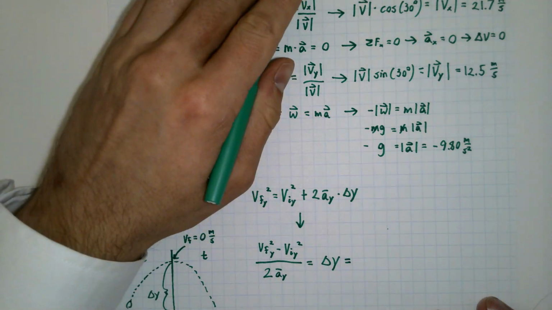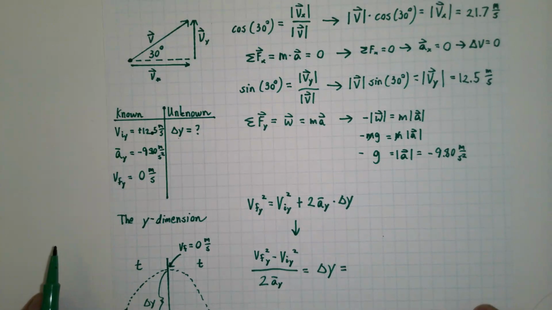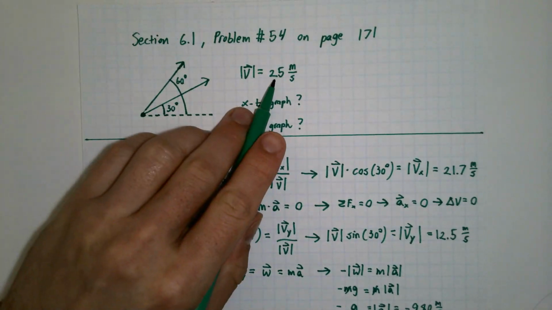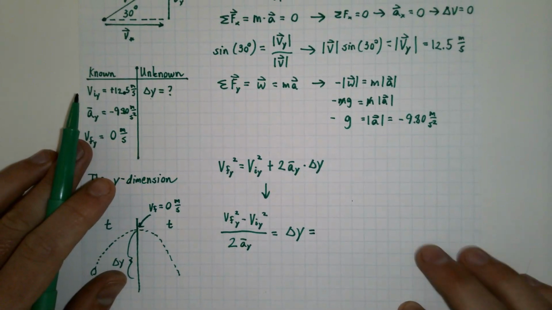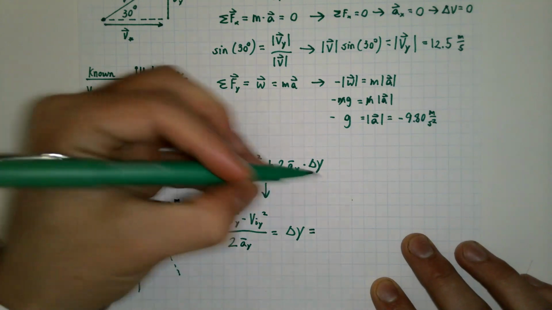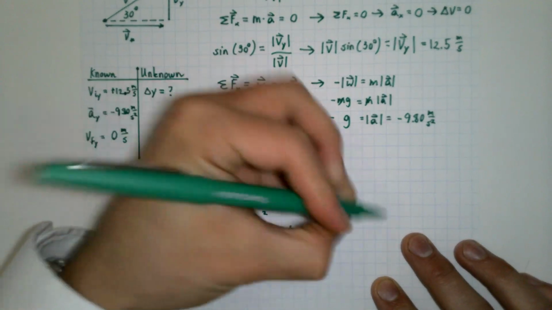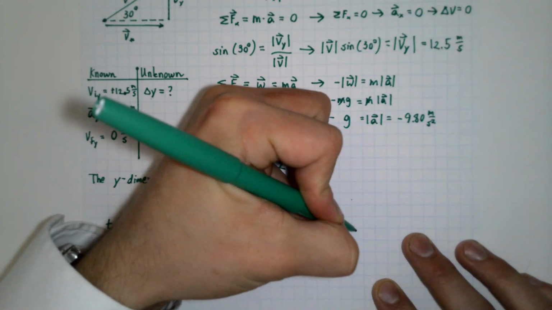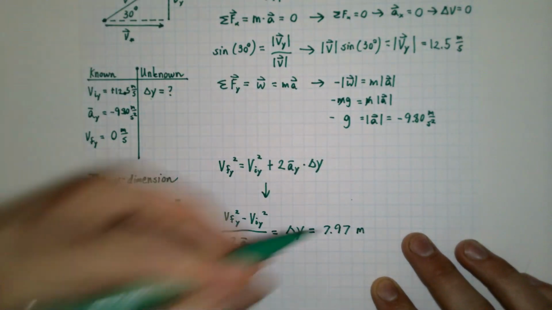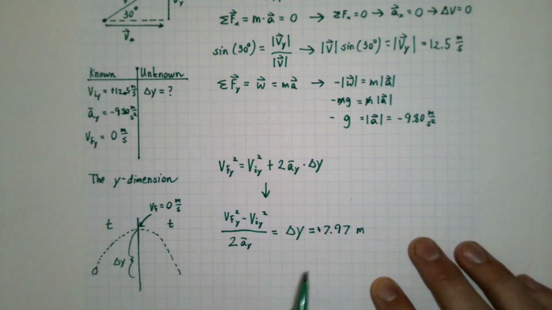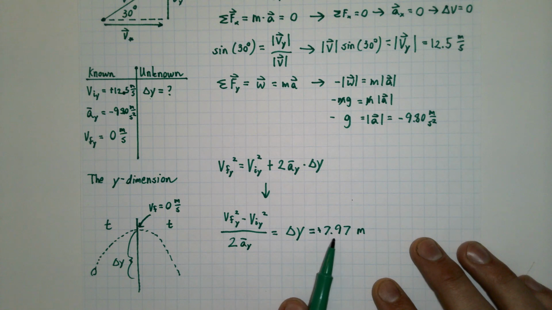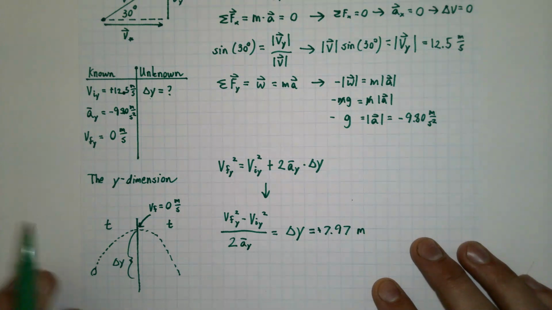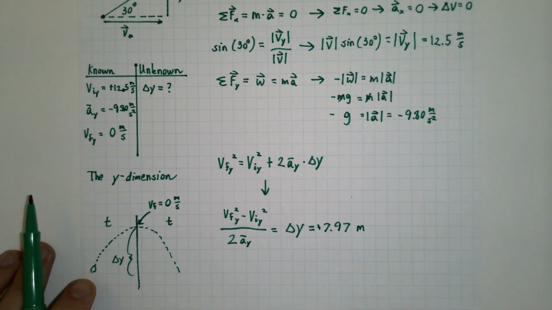We'll assume this is 25.0, just to give us a bit more precision. So we'll say the change in position in the y dimension is 7.97 meters, positive. In other words, the ball, in reaching its maximum height, went up from 0 to 7.97 meters. So that's its maximum height of 7.97 meters.